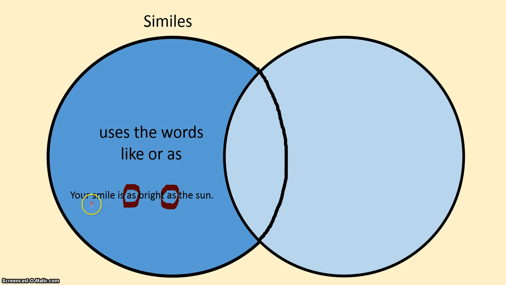Your smile is as bright as what? The sun. So we are comparing your smile with the sun using the word as. So this sentence has a simile.